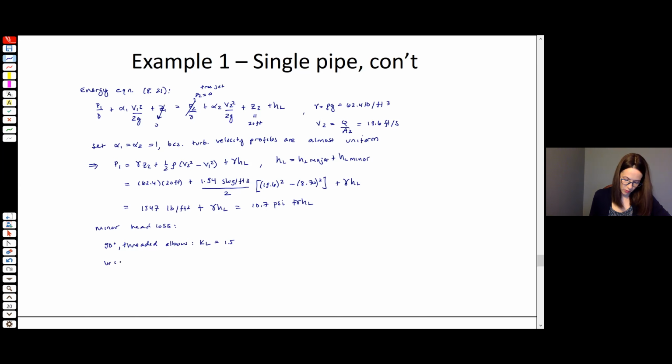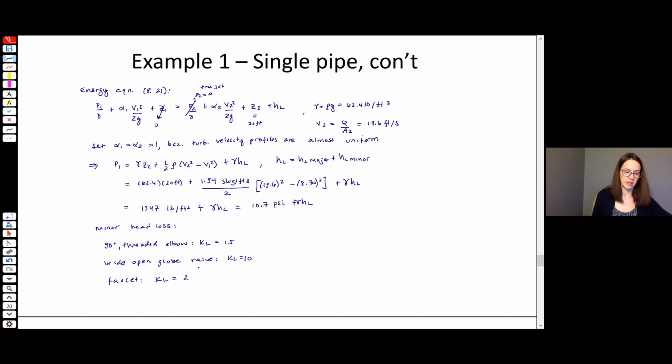For our wide open globe valve, we've got KL equals 10. Wow, it's a massive loss. And then from the figure, we know that KL is equal to 2 for the faucet.